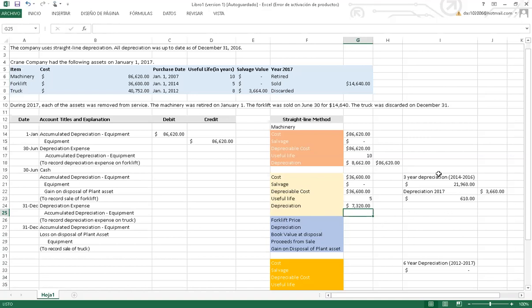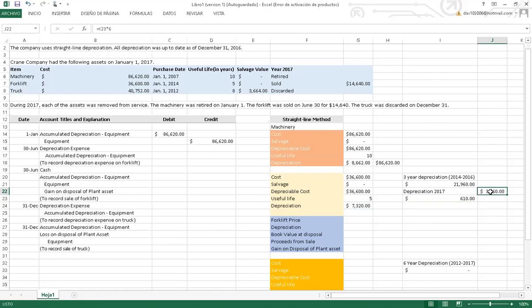So what I did right here, that I think is easier for me than using the formula that the book gave to us, is to divide the annual depreciation by the 12 months of the year, which gives us $610.